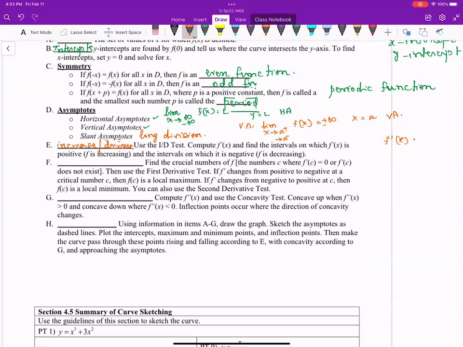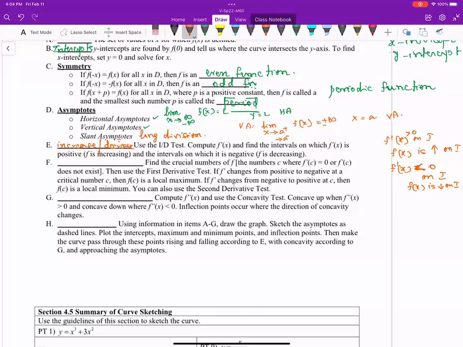If f prime of x is positive on an interval I, then f of x is increasing on I. If it is negative on I, then f of x is decreasing. So find the intervals of increase or decrease.